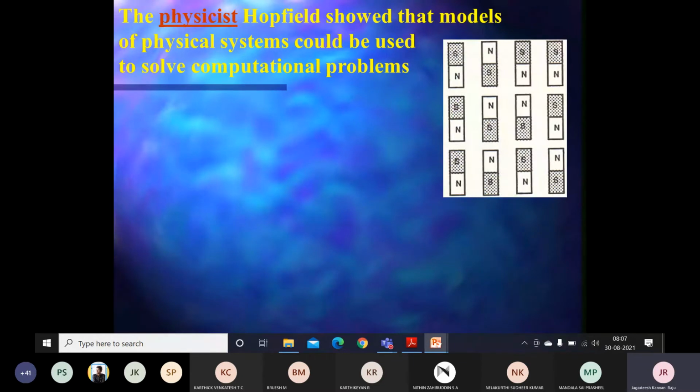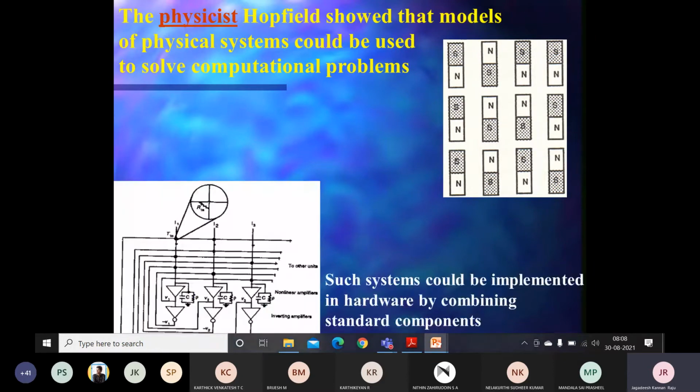This may be a simple example, like a magnetic bar with a south and north pole. S represents south and N represents the north pole. So these kinds of simple physical models could solve some computational problems.